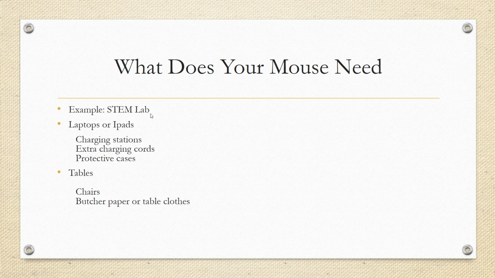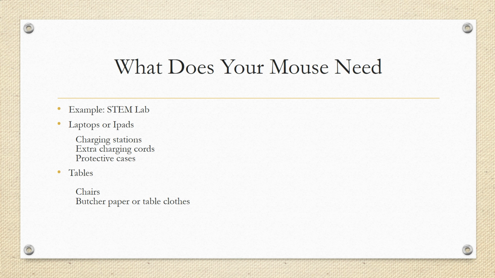So let's say, for example, that your project is a STEM lab and you're asking for laptops or iPads. What goes with the laptops or iPads? If I give someone a laptop, what do I need? Well, I need to be able to charge it. So I need to make sure that I have all the charging equipment.